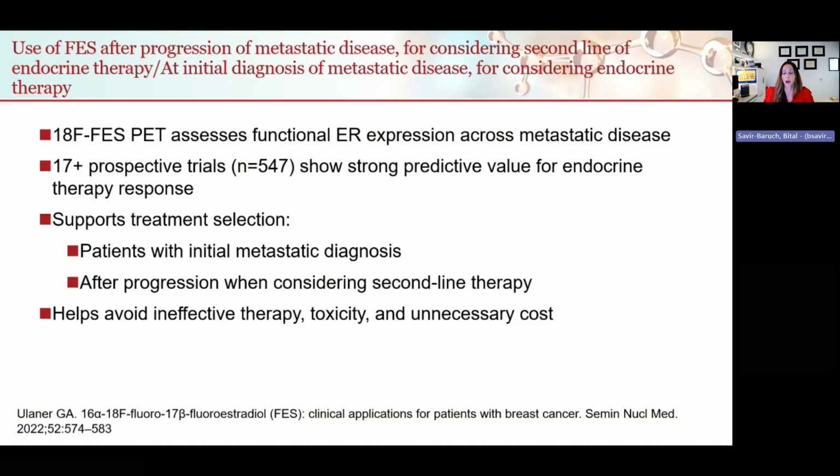We have more than 17 prospective trials with more than 500 patients that show strong predictive value for endocrine therapy response in patients with initial metastatic disease, or patients who progress on first line of endocrine therapy and are now being considered for second line therapy. The use of FES PET helps avoid ineffective therapy, toxicity, and unnecessary costs.